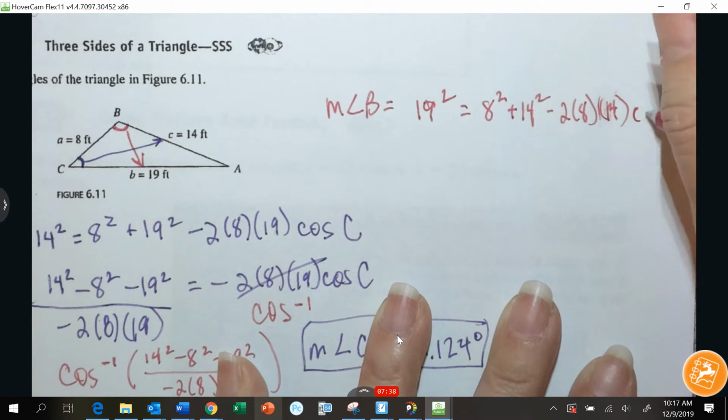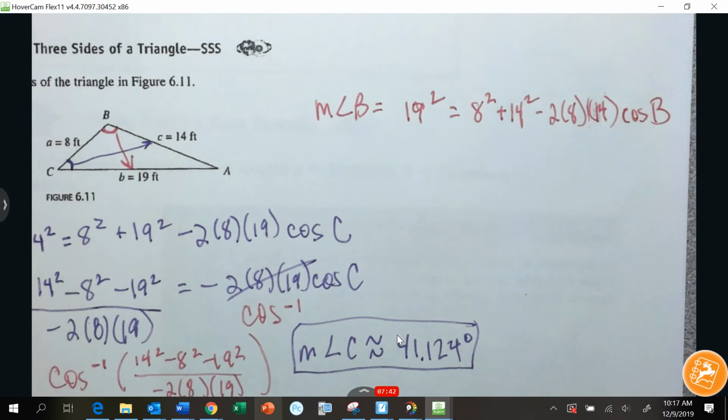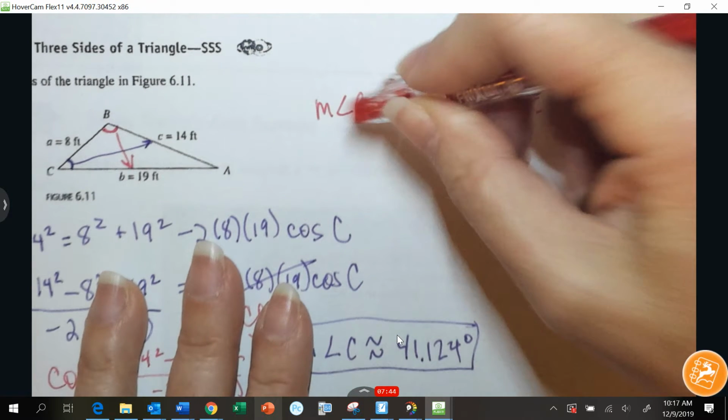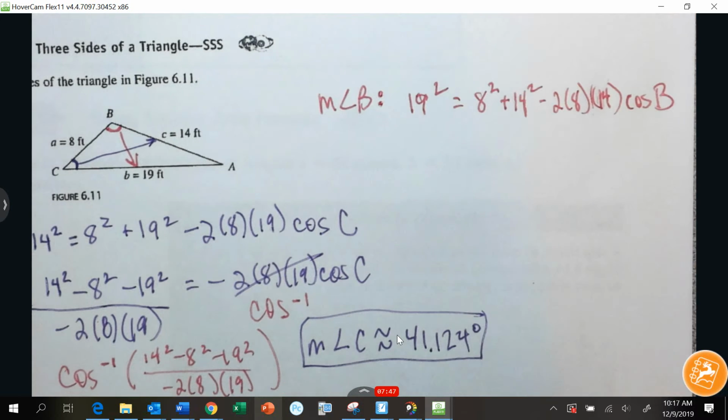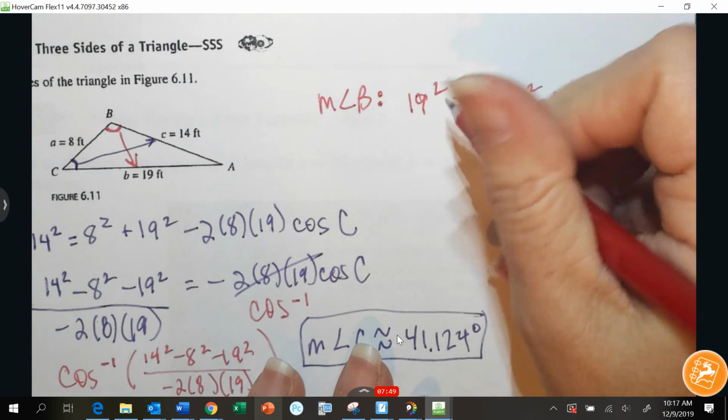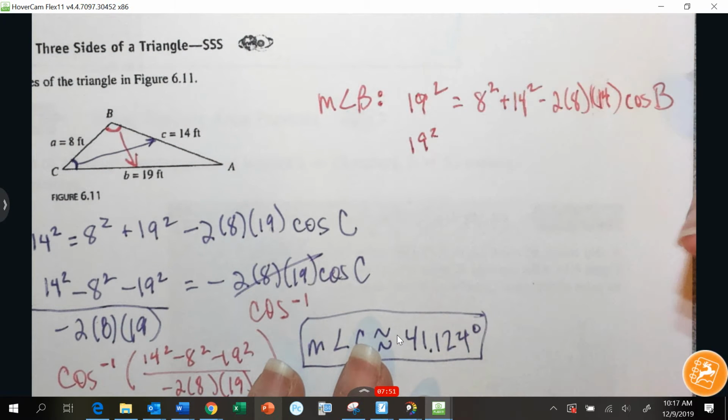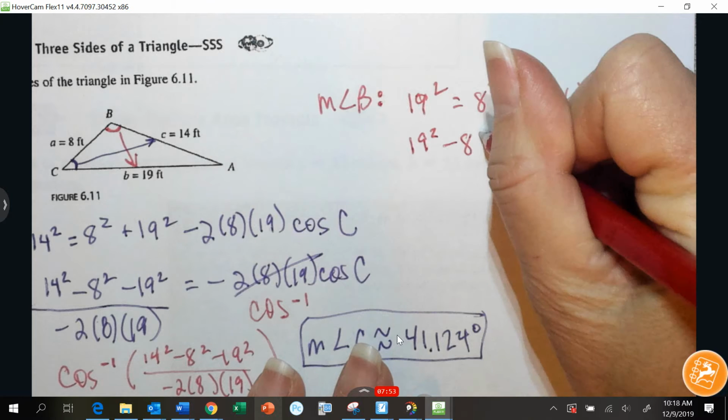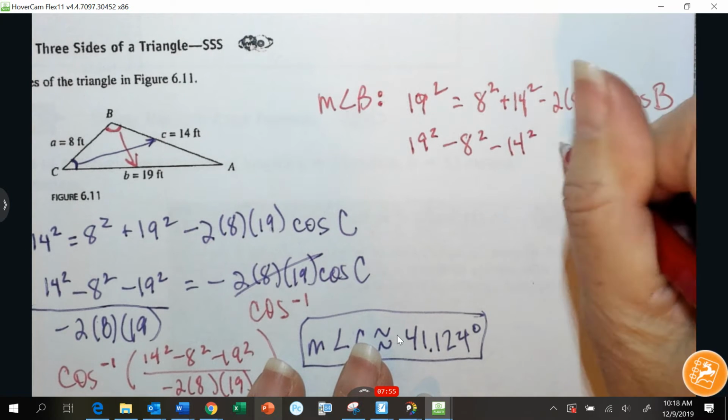And then cosine B. We're going to solve that the same way that we solved for C. Again, you can use the formula if you want, but I don't have it memorized, so I'm just solving.